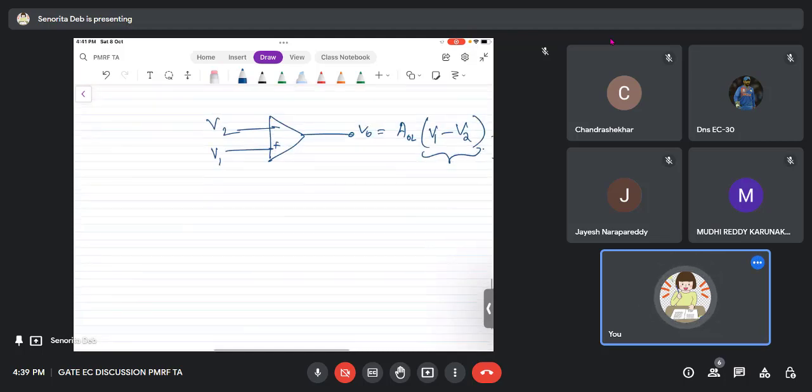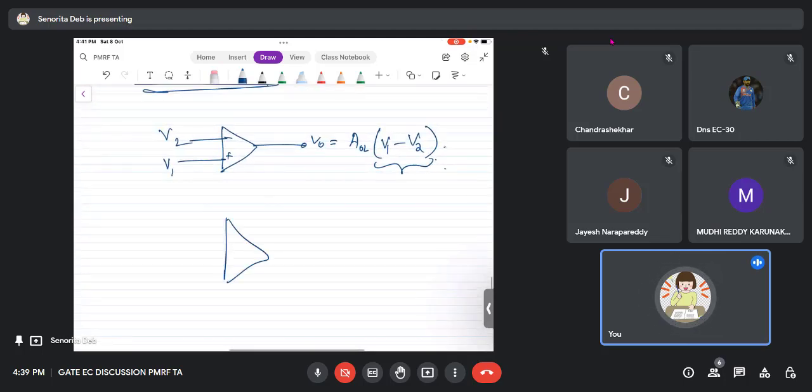Now suppose I connect the op-amp like this, and here I apply V1 and I am feeding back V0. I am taking the output and subtracting it from the input, and that again amplified gives me the output. So basically I am taking the error and trying to minimize it.